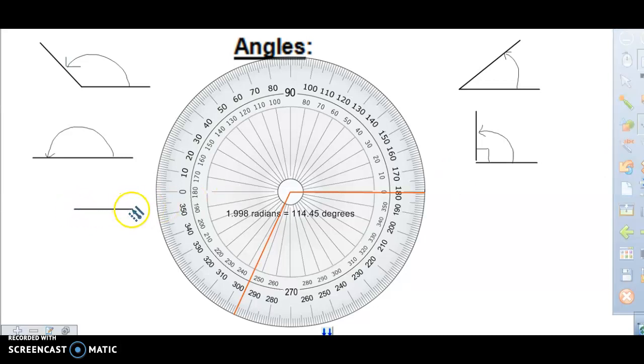There's my 0 degree side. It lies on 0. And then the other arm turned around and stopped somewhere there. I get an angle that looks something like that. So it turned all the way around like that, which means now you have a reflex angle.